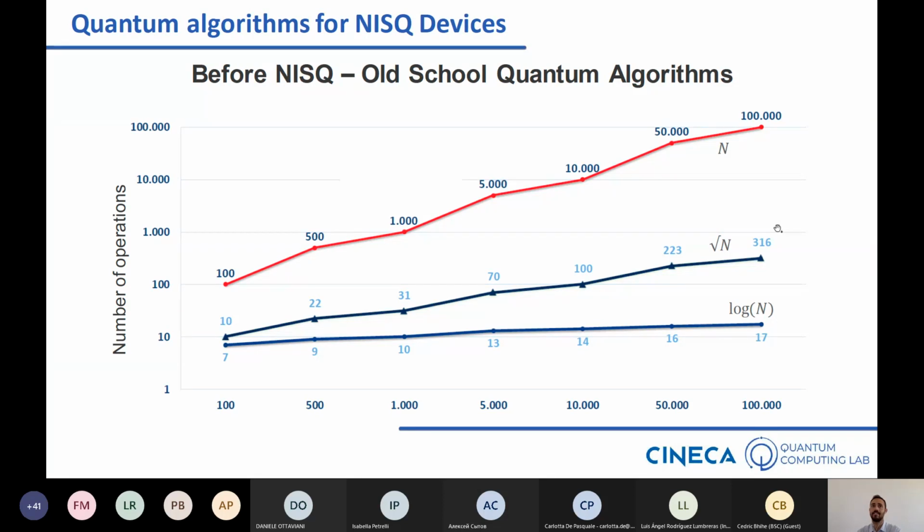If they say we can reach 1,000 qubits in a few years, then 1,000 qubits is probably going to be a lot, and you can do a lot of things with 1,000 qubits, even if the device is noisy.